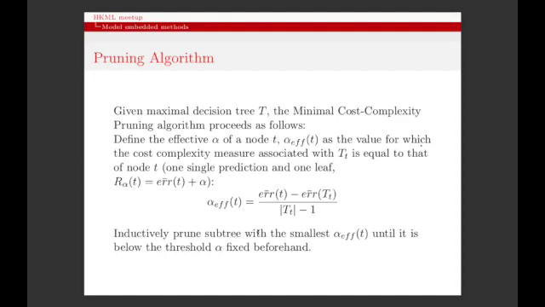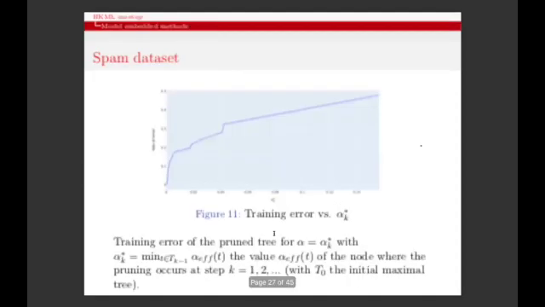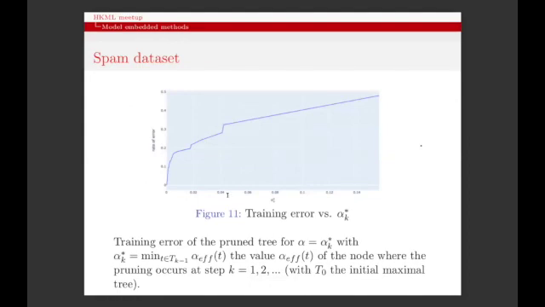It is the ratio of the gain in accuracy over the number of leaves that is induced by the subtree. So this is the procedure to prune the tree. We prune the tree by starting with the smallest alpha and continue.